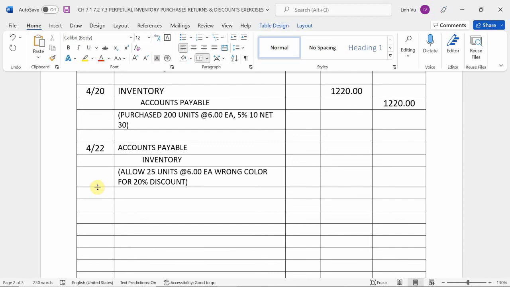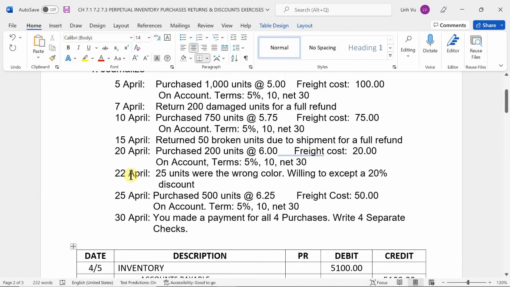Good, right? Because 25 times $6 is going to give you $150, and we're only going to get 20% back, which is $30. So good. Yes, good.